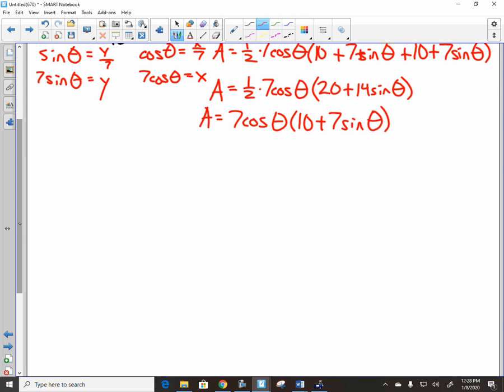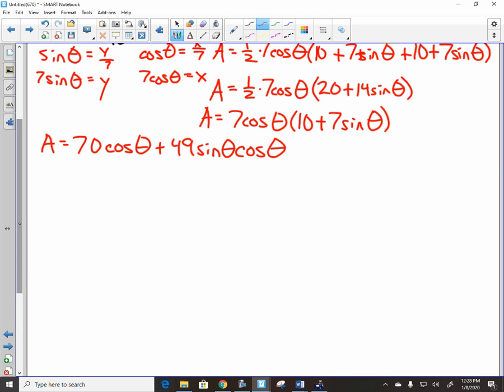Could even distribute that. Area is equal to 70 cosine of theta plus 49 sine of theta cosine of theta. That's an expression that tells me the area.